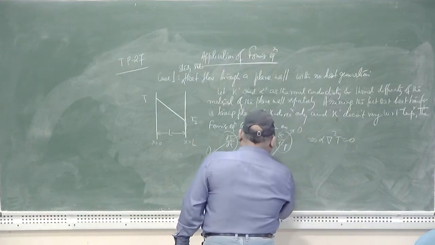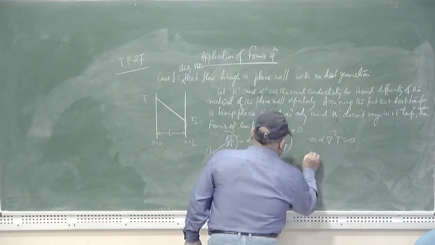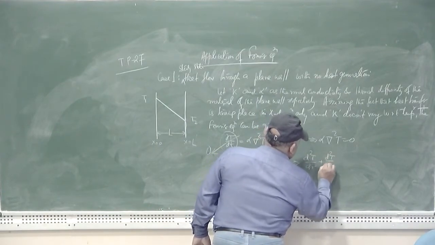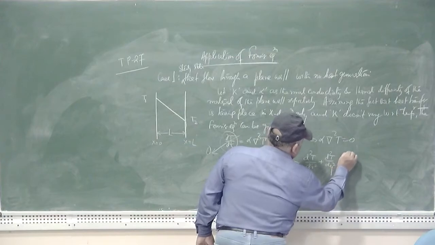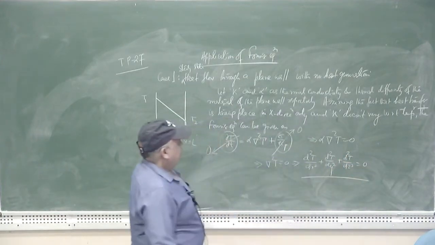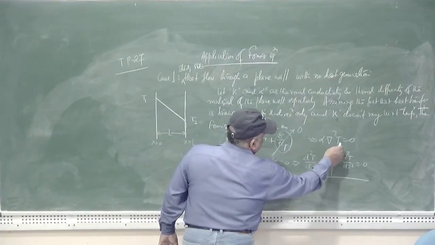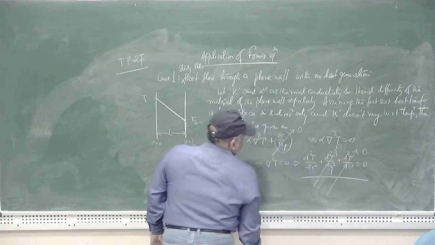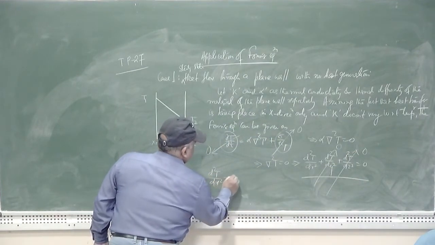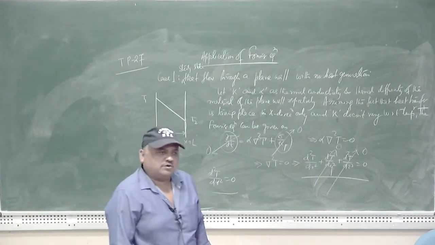That means del square T is equal to 0, or we can write d2T by dx2 plus d2T by dy2 plus d2T by dz2 is equal to 0. But since the heat flow is taking place in one direction only, these quantities will also get cancelled. So the final form of the equation is d2T by dx2 is equal to 0.